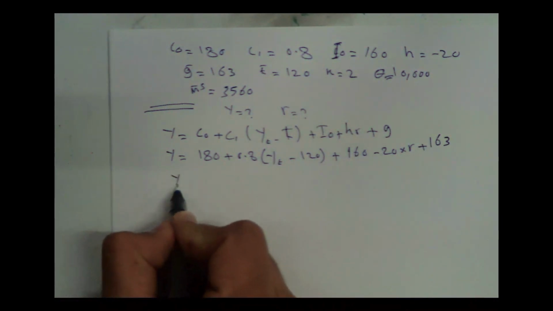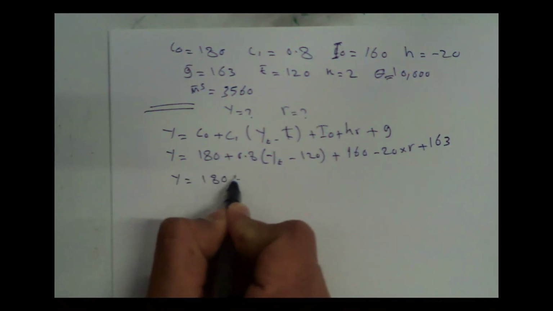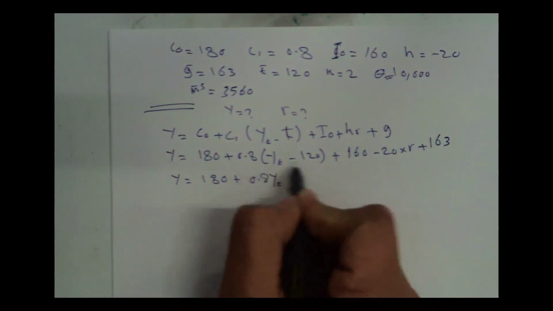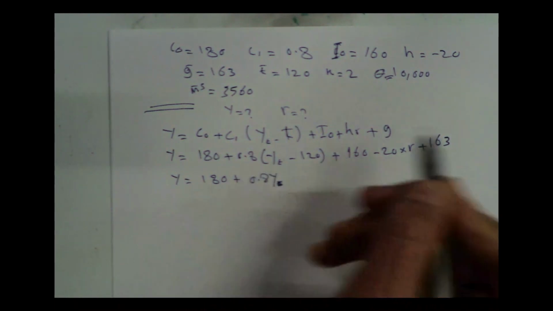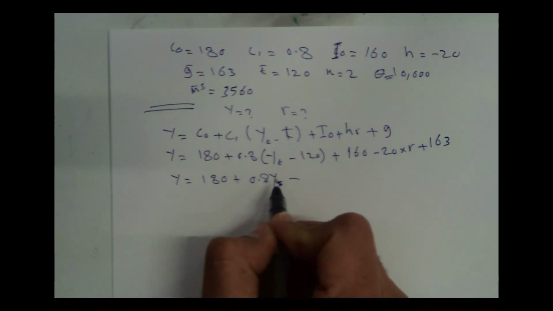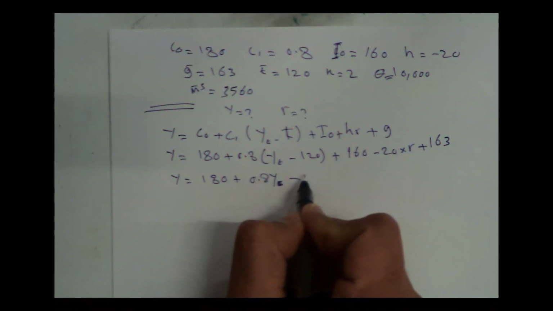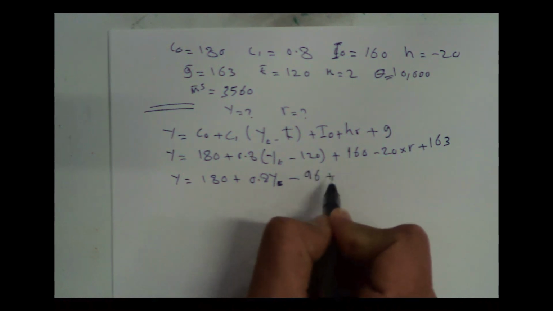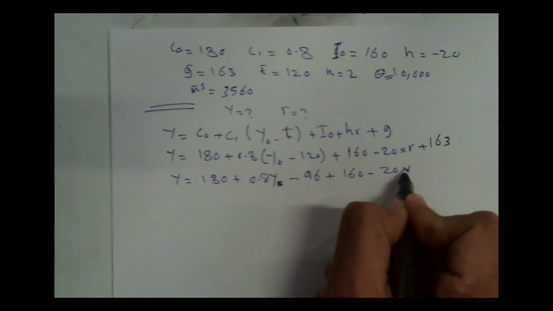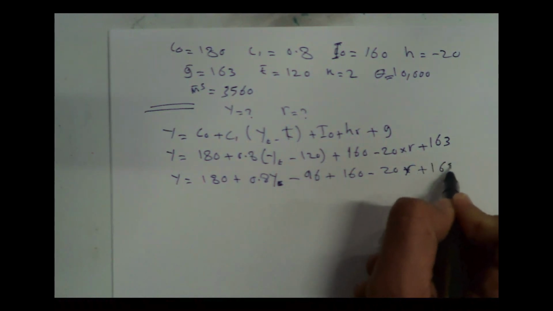So what you need to do is expand this: 180 plus 0.8Y. Again I'm ignoring the subscript. And 0.8 times 120 is minus 96, plus 160 minus 20r plus 163.